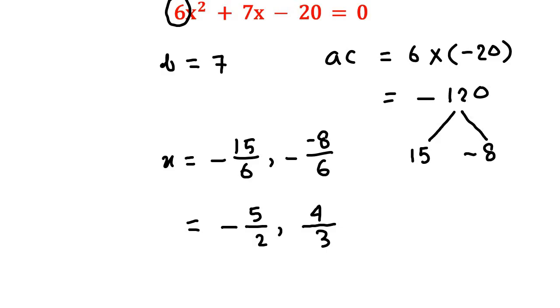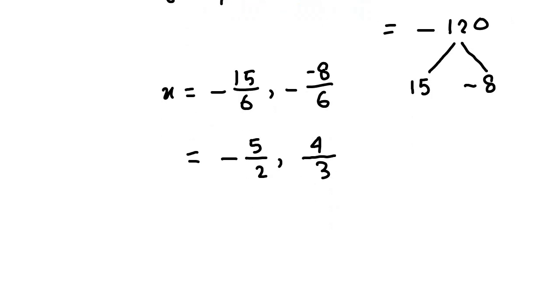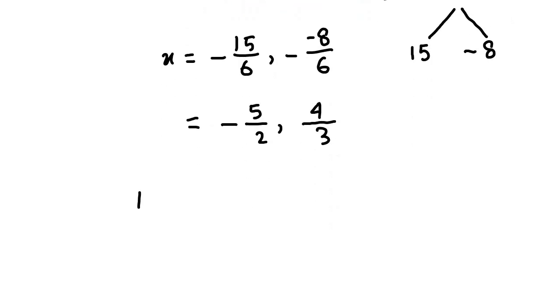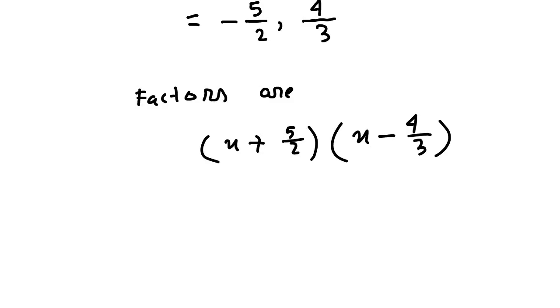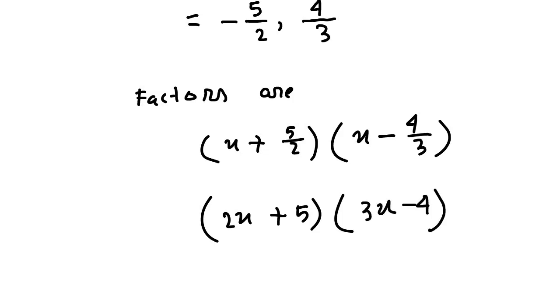If you want to get the factors for this quadratic term, the factors are x plus 5 by 2 times x minus 4 by 3, or we can write 2x plus 5 times 3x minus 4.